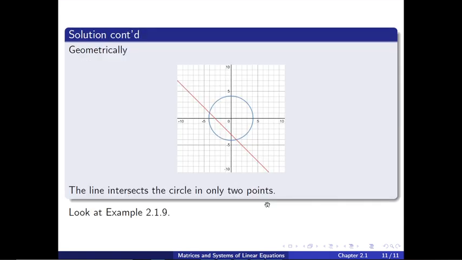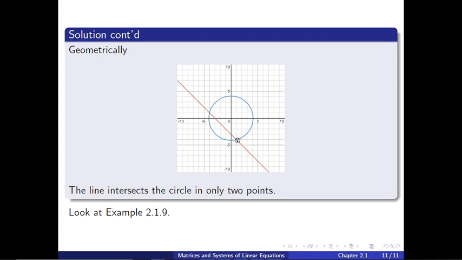So if we draw the two curves, we see that we've got a line and then we've got a circle, and these two intersect at this point and then at that point, right?